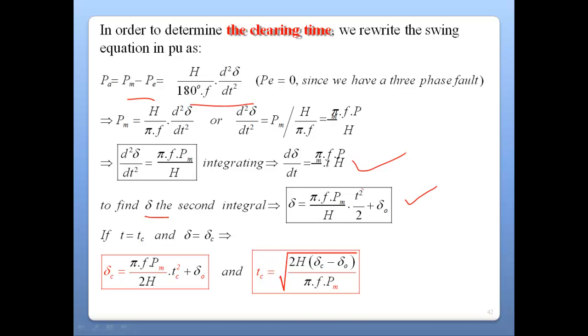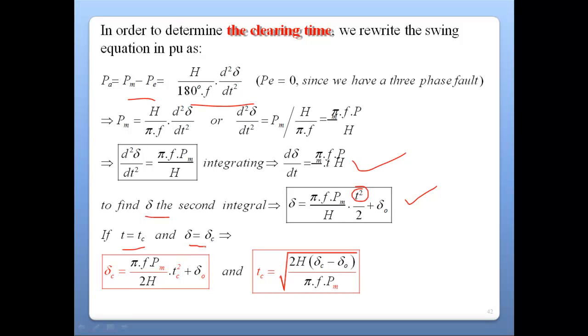Now we have to calculate this t square. How to manipulate? Just t equals tc at the time when delta becomes delta c, or we can apply a limit property. As we apply the limit property, we will get the critical clearing angle, and by manipulation or simplification, we will get the critical clearing time.